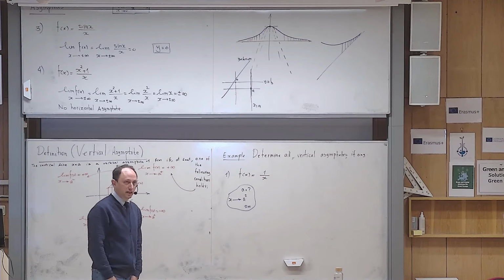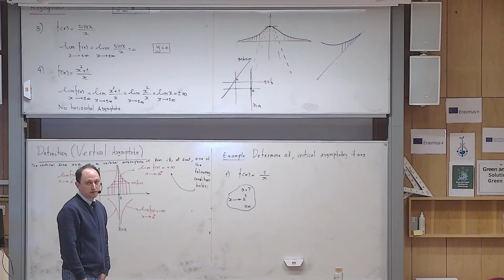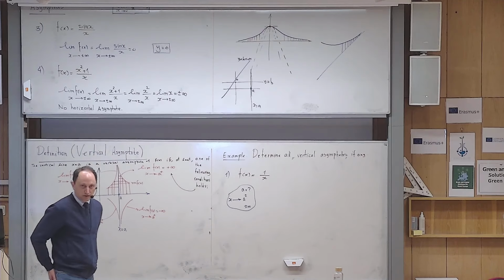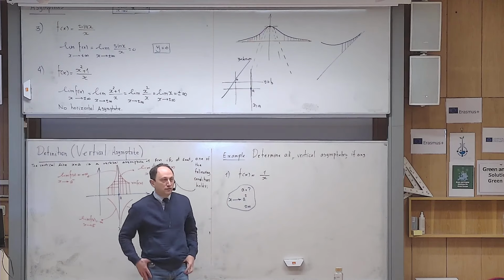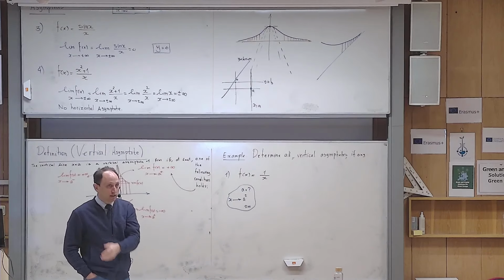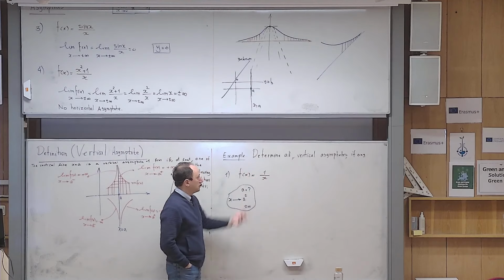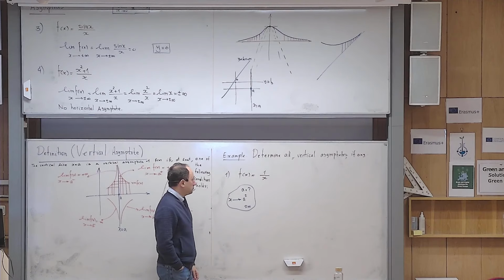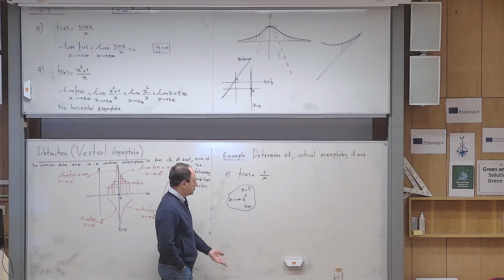Yes, good candidates for functions having vertical asymptotes are which type of functions? I mean, very common ones. Fraction functions, yes? Because a fraction is something simple to make infinity. How do you make a fraction infinity? Either by making the numerator infinity or by making the denominator negligible. Here you cannot do something. Making the numerator infinity is usually not good, because to make the numerator infinity, usually you have to send x to infinity, but infinity is not a number.